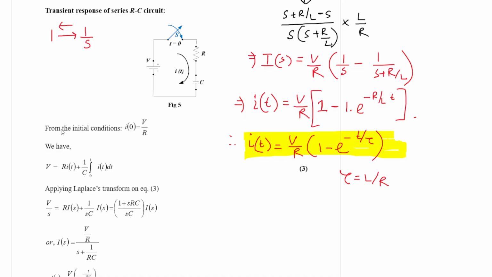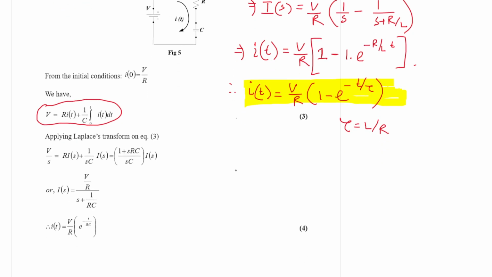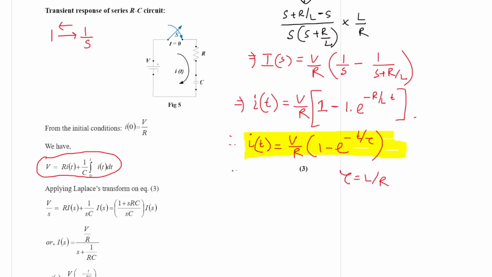We have a series RC circuit. So what will be the KVL equation for the series RC circuit?